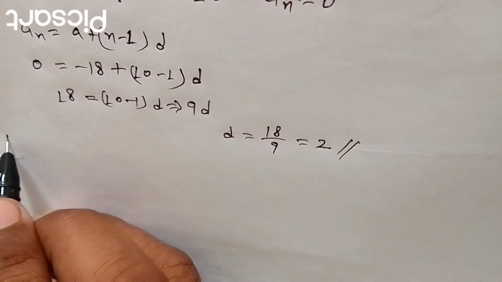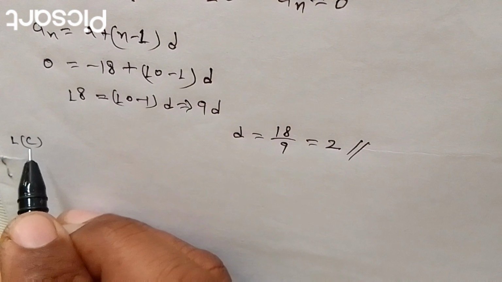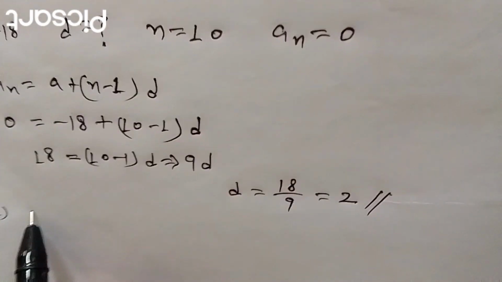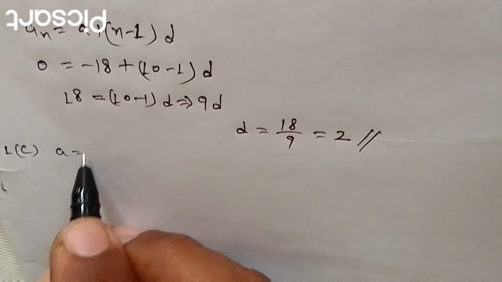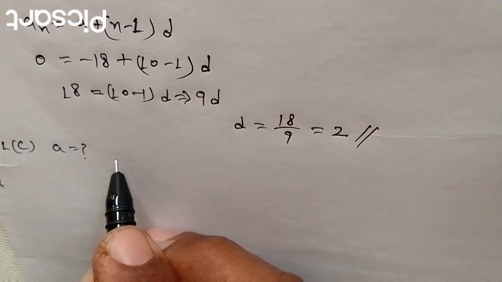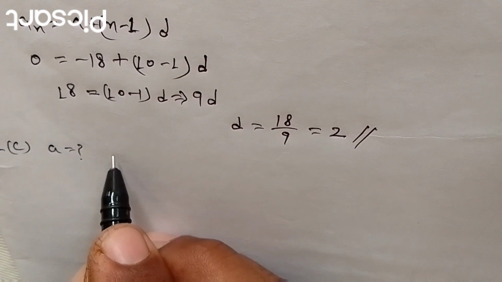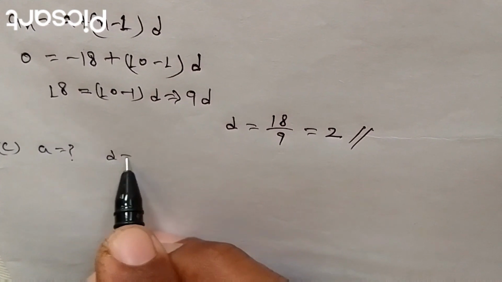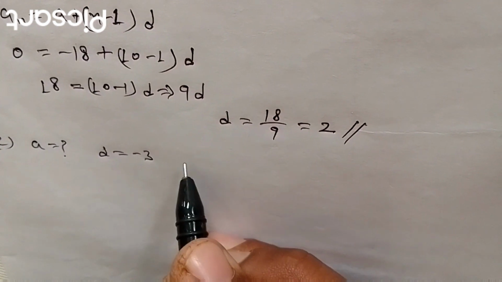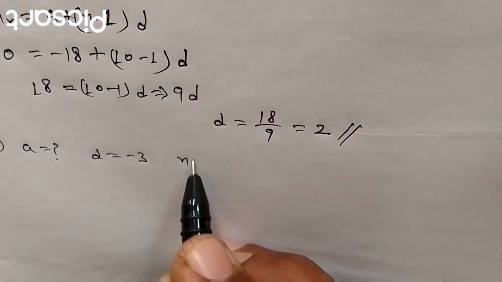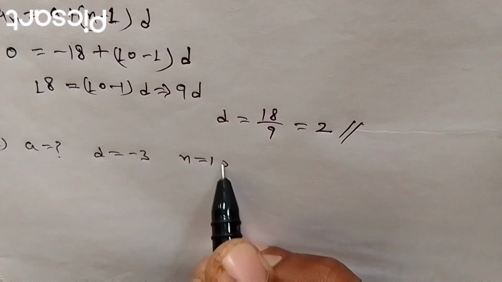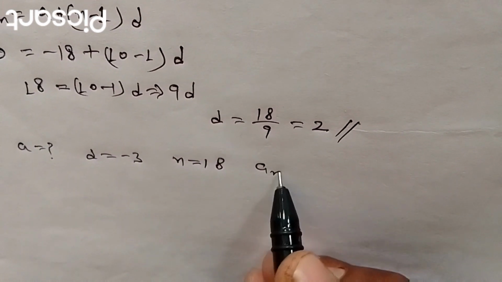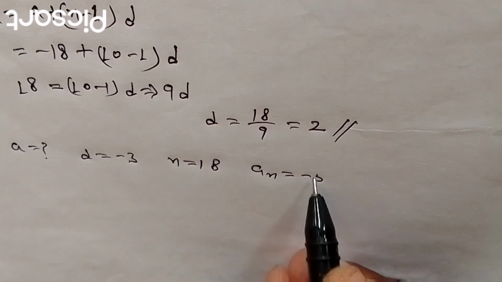Now part C of the first question, in which we have to calculate the first term a, then d common difference is given minus 3, then n number of terms given 18, and an is given minus 5.